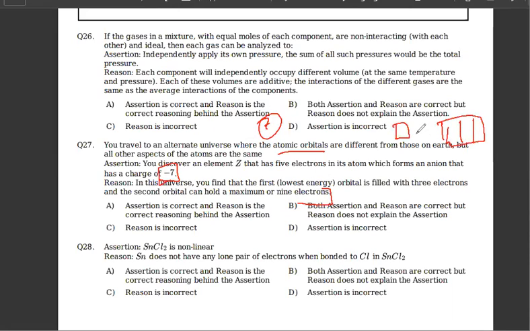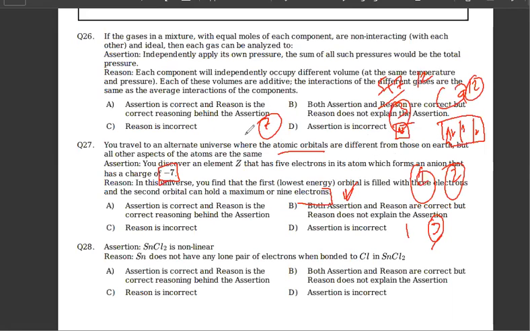In s we have 2 electrons, and in p we have 3 electrons. So one atomic orbital can hold only 2 electrons. But if it is 3 and 9, then one atomic orbital can hold how many electrons? 3 electrons, right? So if this is true, then 5 plus 7 is 12, and 3 plus 9 is 12. It is also true.